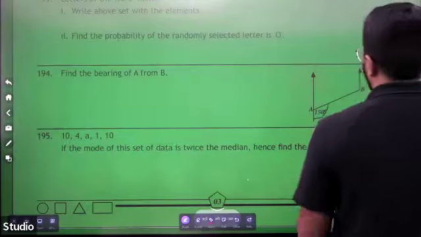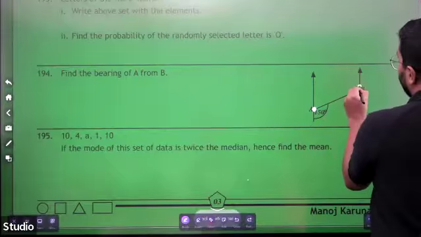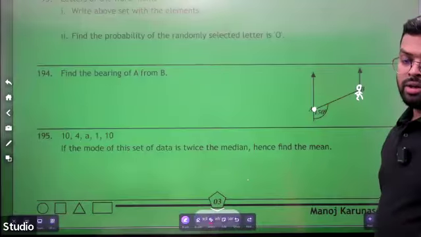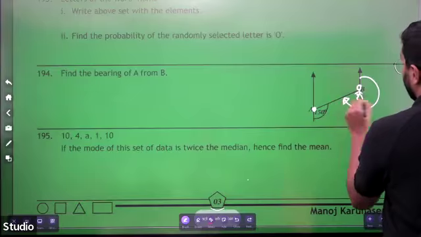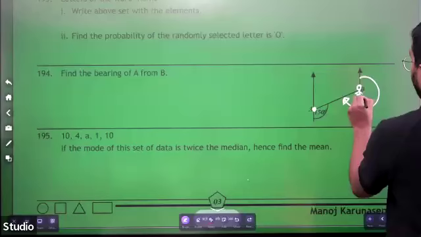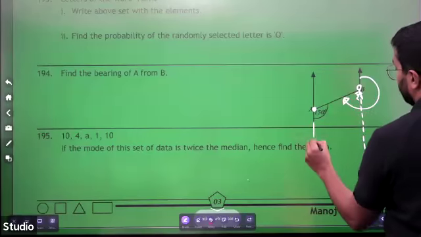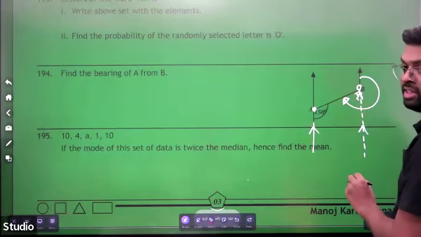Find the bearing of A from B. Let's say we have a person at this point B. What is the angle that he needs to rotate towards his clockwise direction in order to see this point A? Let's continue the north direction. These two are parallel lines.